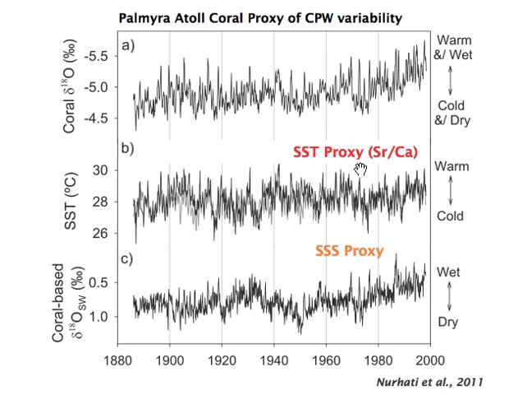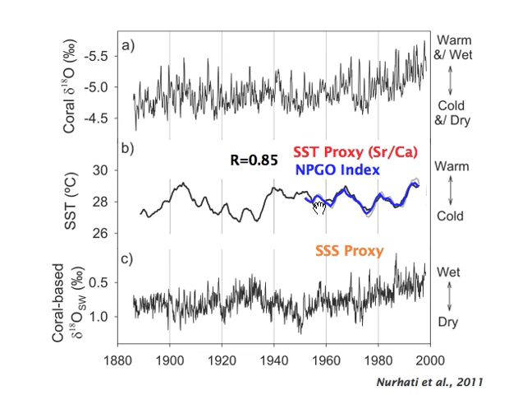It's not a new proxy, but it's been around in the community. But this allows us to divide the variability of this particular proxy into the contribution of SST and the contribution of sea surface salinity. If we look at the salinity, we find a clear trend in the proxy, but this trend is not evident in the SST. Now, the SST proxy is dominated by low-frequency variations, and if we compare this to the NPGO index, which is the decadal variance of the CPW, we find that this proxy tracks the decadal variations extremely well, with a correlation of 0.85.